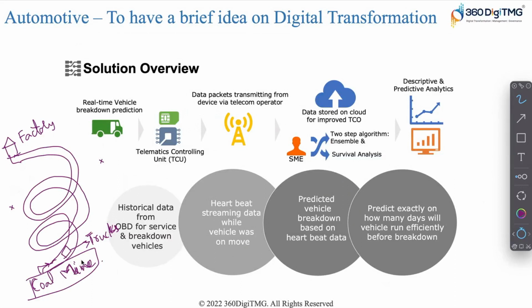So the one thing that we can do is install sensors on these trucks, and then make use of those sensors to start generating data. We have come up with something called a telematics controlling unit or electronics controlling unit, which is nothing but an IoT device, and you do some embedded programming.